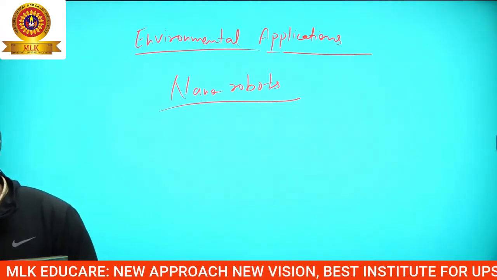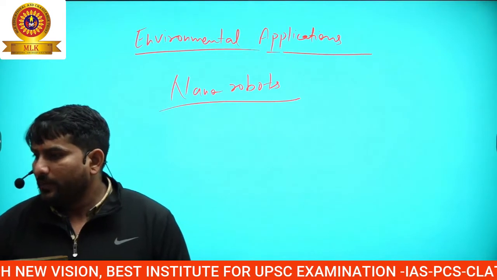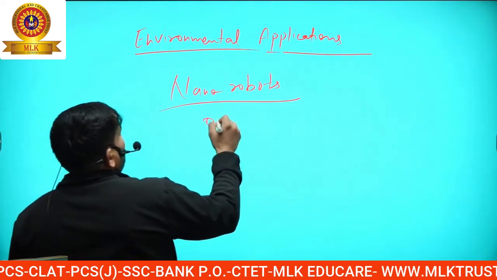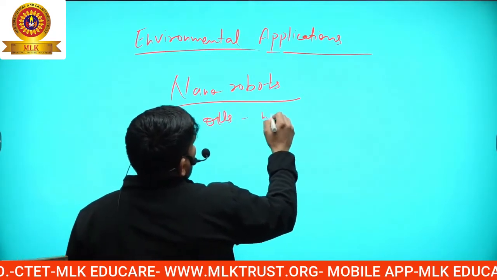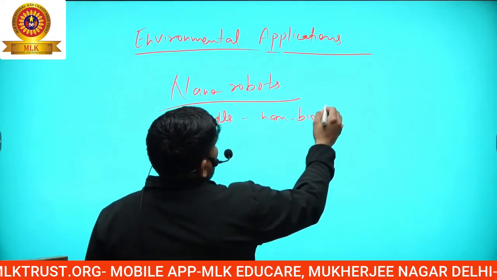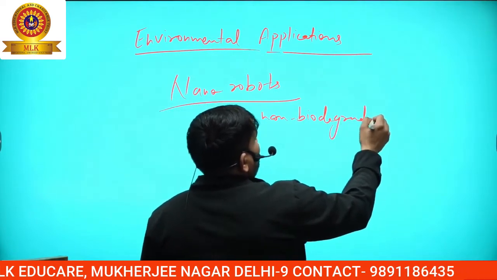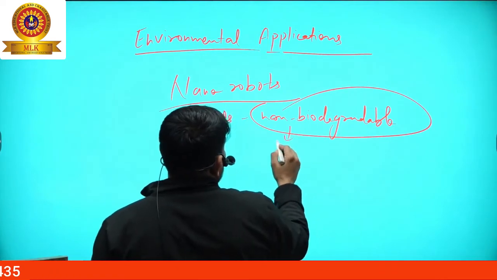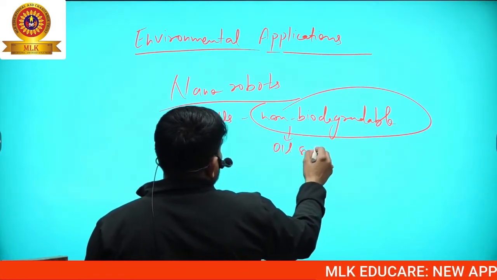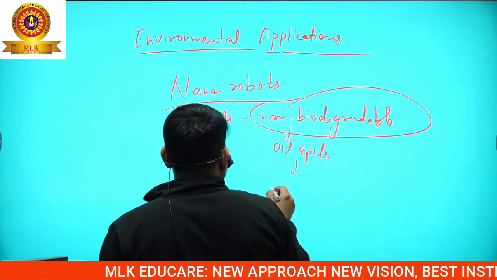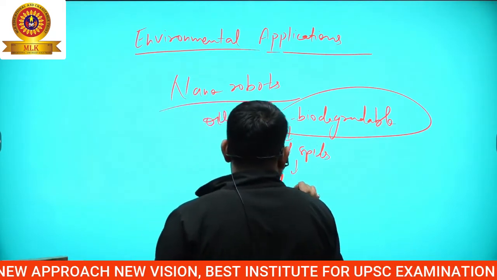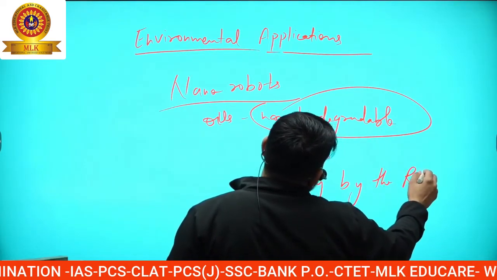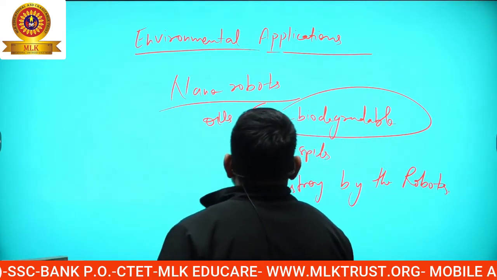It can disassemble the pollutants, almost non-biodegradable ones. For example, there are many oils which are non-biodegradable. So this kind of oily spills can be destroyed or cleared by the robot.